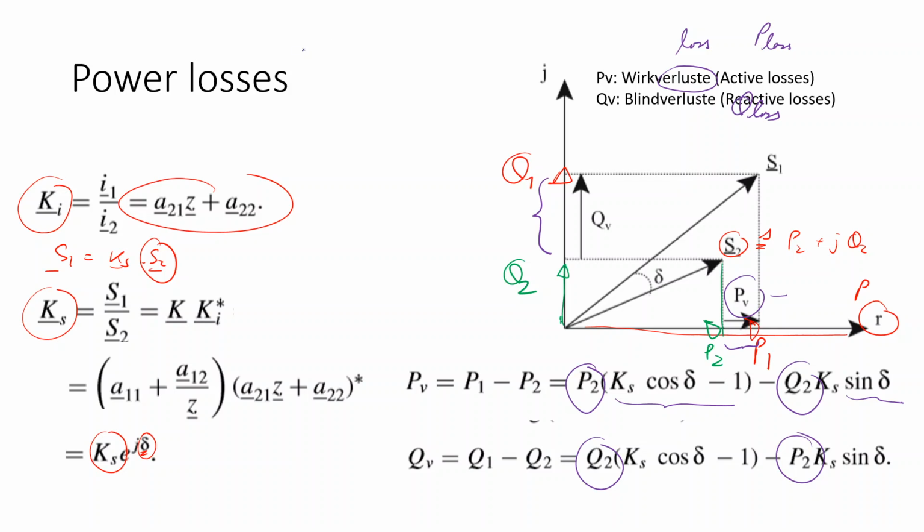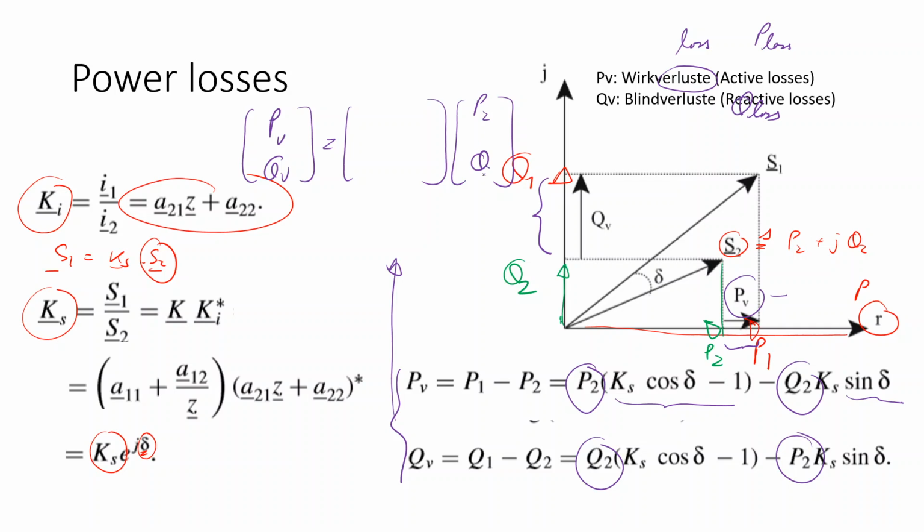So you could see from these two equations, this is the benefit of using two ports. We put PV, QV on this end as a dependent variable, multiplied by a certain gain matrix, and since we know the power at the receiving end, P2 and Q2, and this is a matrix of the coefficients of these two lines, this is the benefit of using two-port networks.